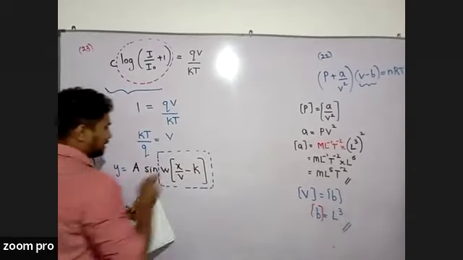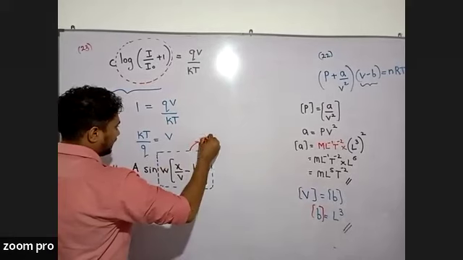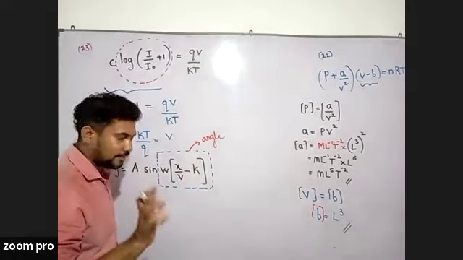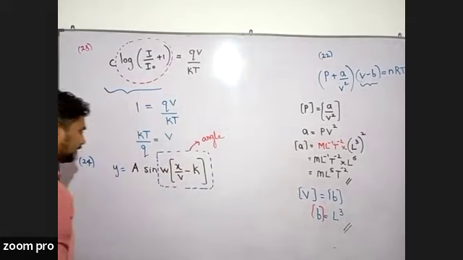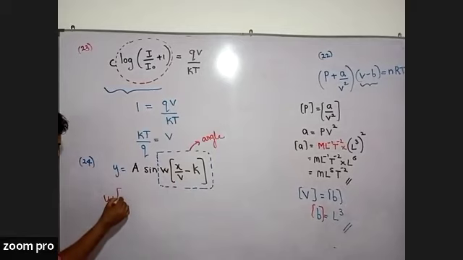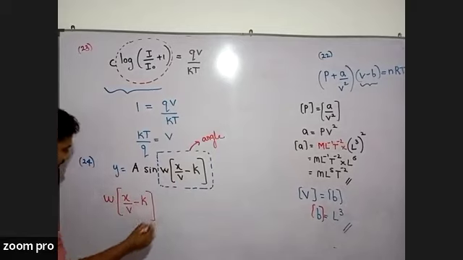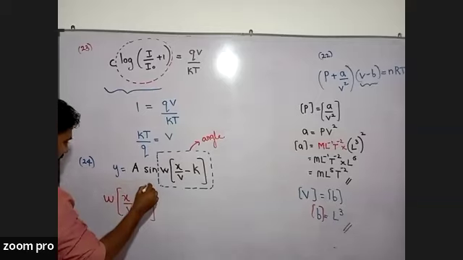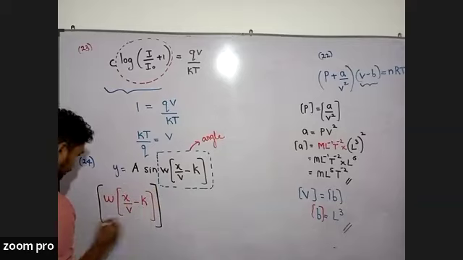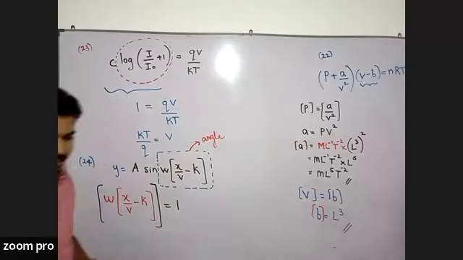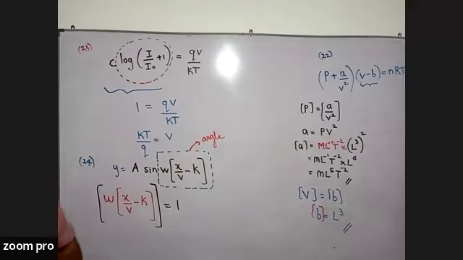If it is an angle, we know that an angle is a dimensionless quantity. So the dimensions of w x over v minus k, this whole term, should be equal to 1, isn't it? Because an angle is a dimensionless quantity. That's the theory, right?